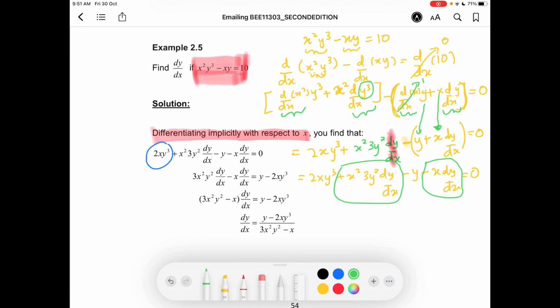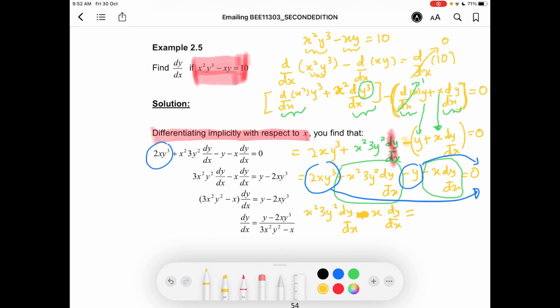So we can write it like this: x squared 3y squared dy/dx, so we collect them together, minus x dy/dx equals to, and the rest we bring to the other side.